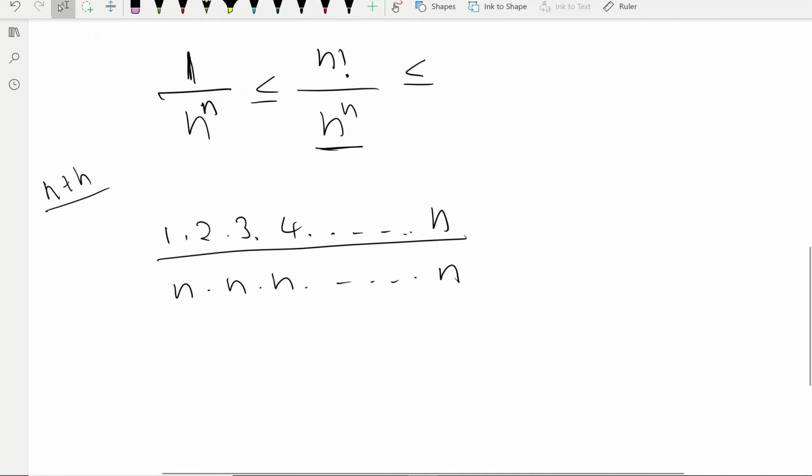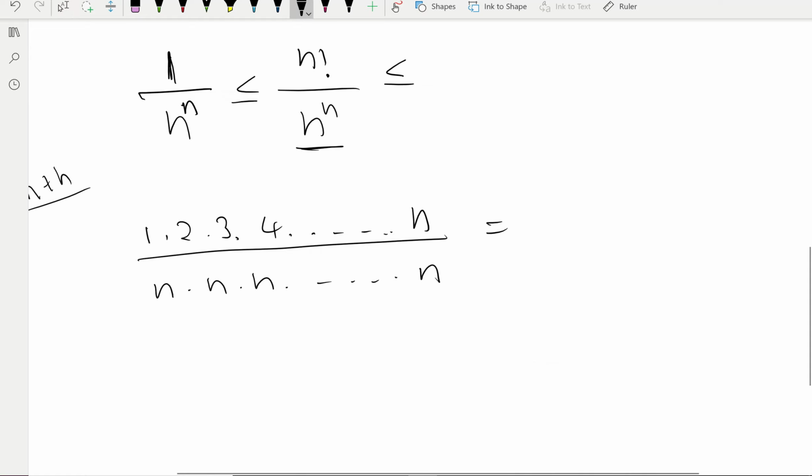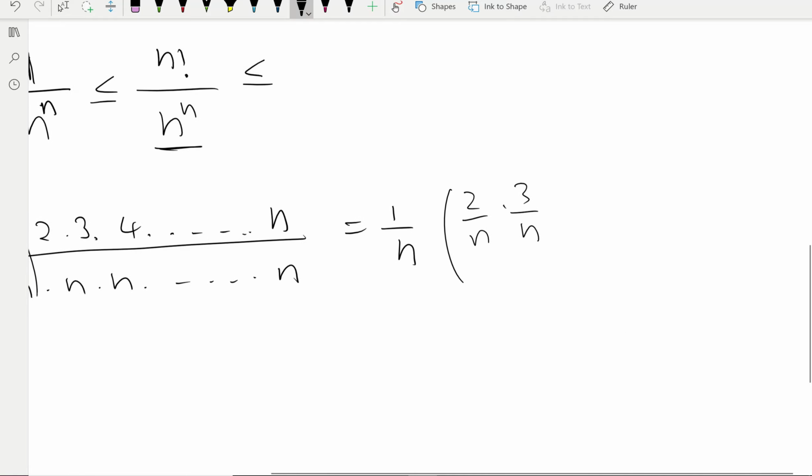So I'm going to write this as 1 over n, filtering it out, and the rest is 2 over n, 3 over n, 4 over n, and so on. The last term will be n minus 1 over n, since the denominator is always n.